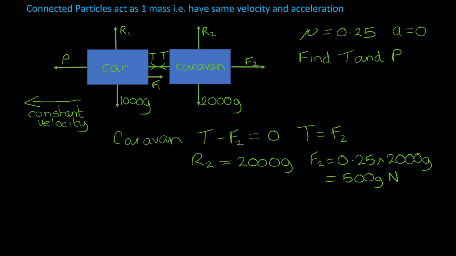Sometimes they're happy for you to leave it that way without multiplying by the 9.8. And if F2 is that, then T is that. So we found T. So now we're going to find P.